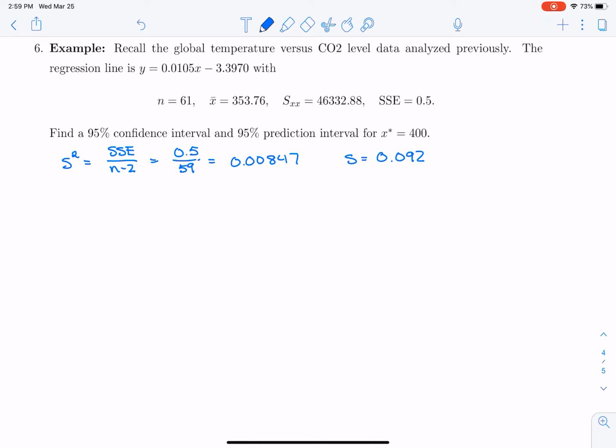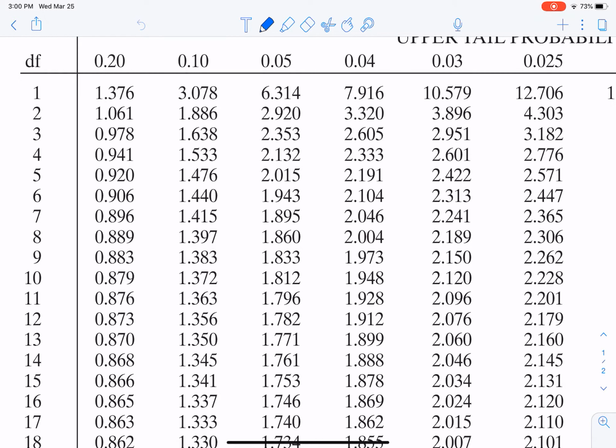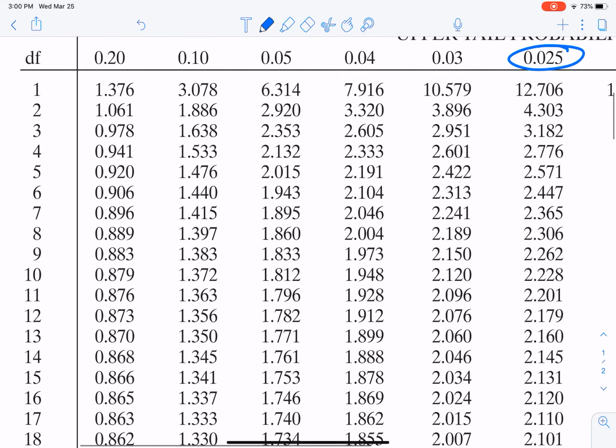Our degrees of freedom for this problem is going to be 59. That's not actually going to be on our t-chart, so I'm just going to have to say that's about 60, and that is kind of close enough. So our t-statistic, if we want to do a 95% confidence interval, is t sub 0.025 with 60. I'm going to look at my t-distribution chart, at the last column that we've been looking at.